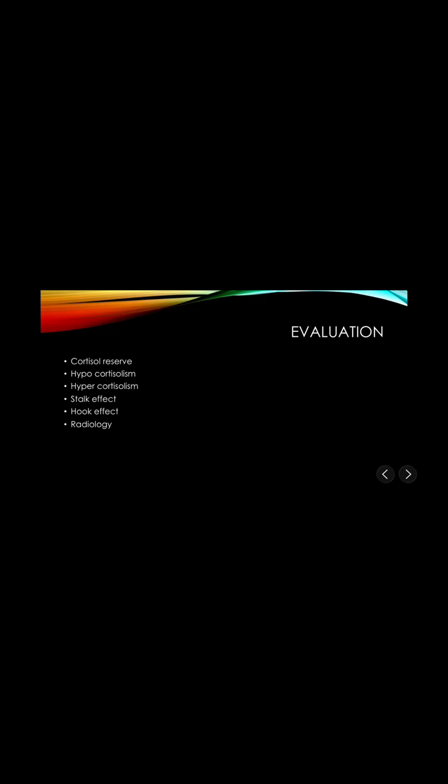And this is a very critical situation, because if there is any kind of stress like infection, surgery, whatever, hypoglycemia, then the body is unable to meet the metabolic demands of that stress. So that means that the patient is very vulnerable, and he can actually even die.